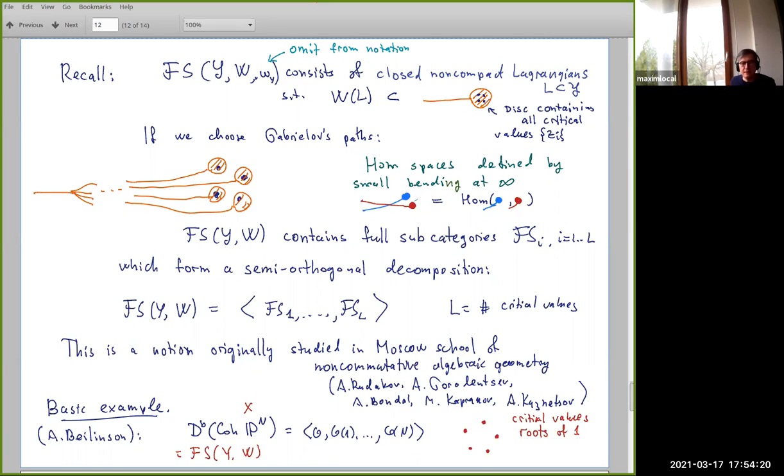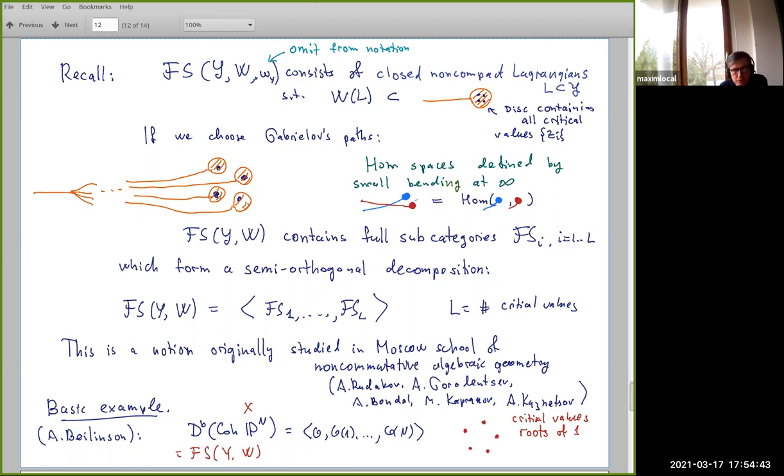And then it implies the following: this Fukaya-Seidel category contains full subcategories. If I choose this Gabrielov path, the objects which project to the smaller disk and smaller path to minus infinity form a semi-orthogonal decomposition. Paul Seidel wrote a whole book about this.